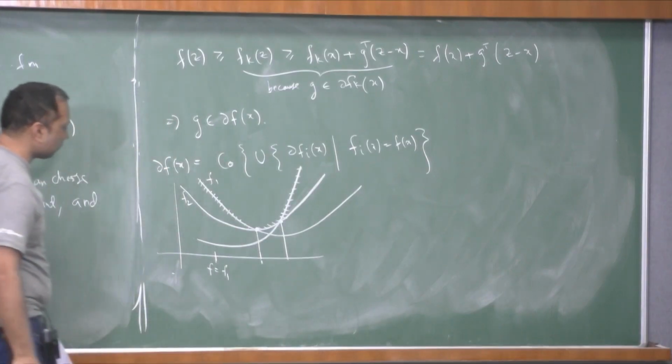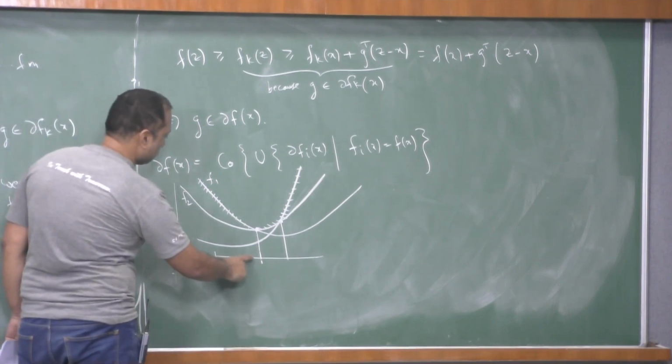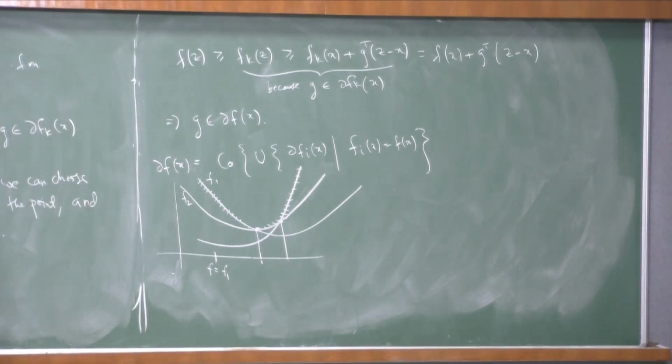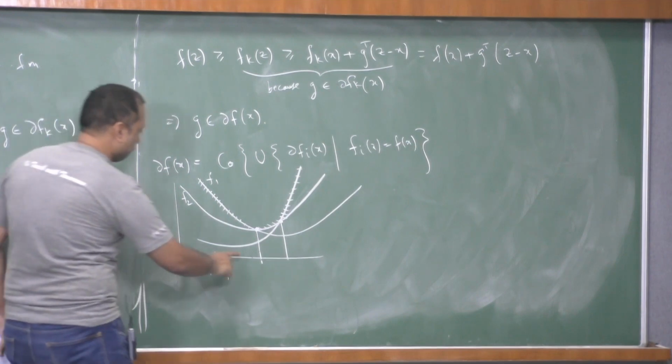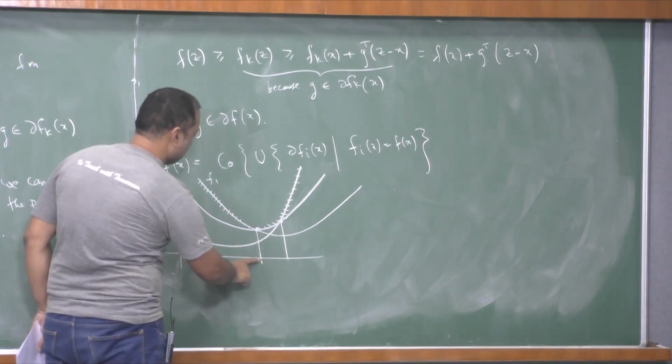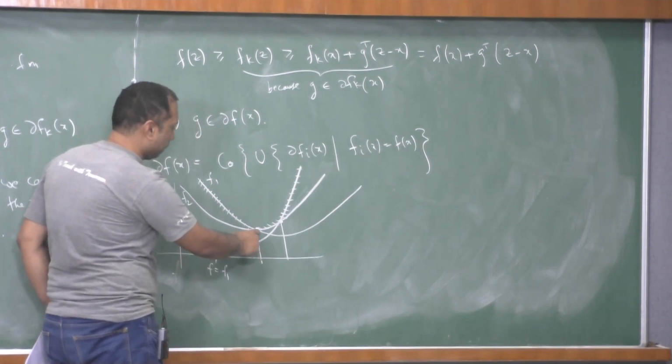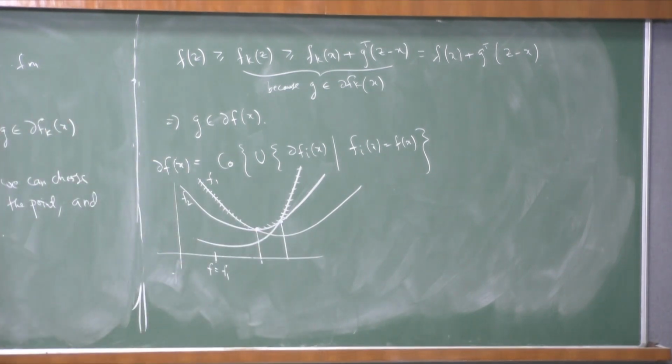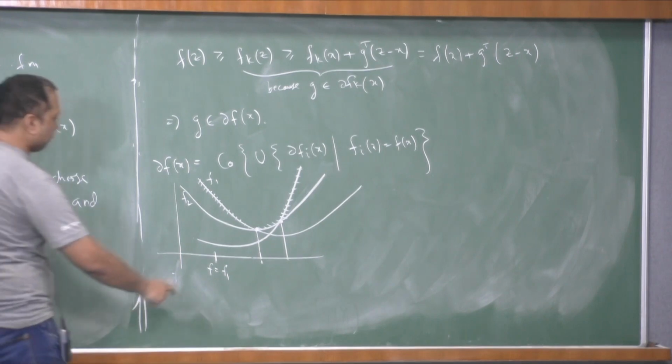In fact, f is f1 for all these x, so in this case, from the previous one, k is 1, right? At all these points until here, because after here some other f_i is picked, right?